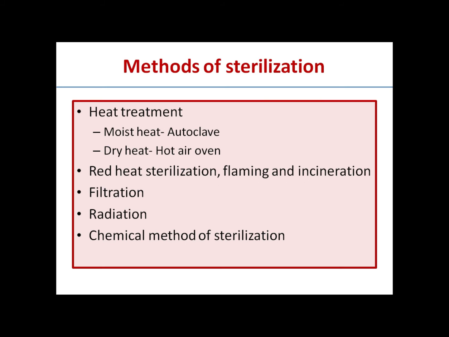Then we have a number of methods in the second point: red heat sterilization, flaming, and incineration. These are all dry heat treatment only. Then the third point, filtration. Fourth, radiation. And the last point, the chemical method of sterilization.